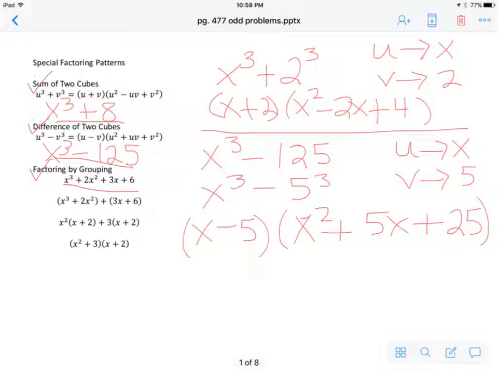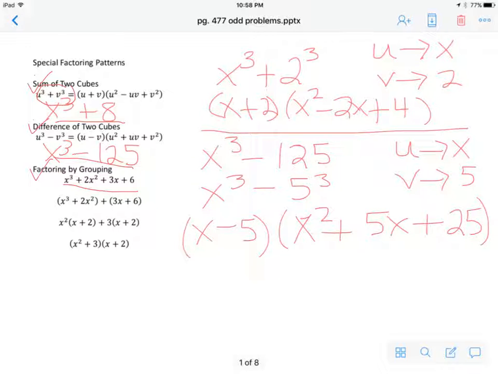Let me explain each of these three examples. Here's example 1, x cubed plus 8. That matches the pattern of u cubed plus v cubed. It's just a pattern saying if you have a term that's cubed plus another term that's cubed, this is the way it's going to be laid out.